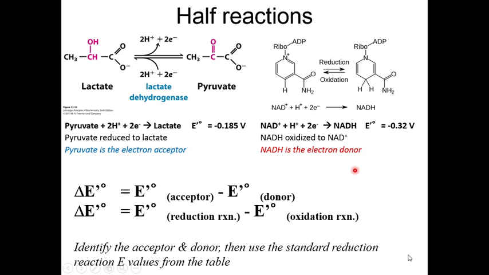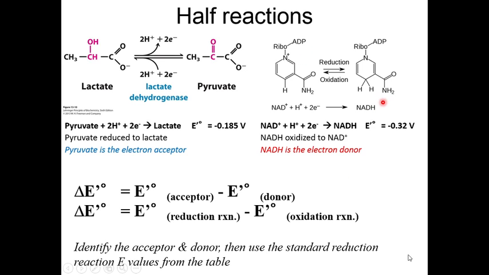So how do you set this equation up? To calculate delta E is E0 acceptor minus E0 donor, or E0 reduction reaction minus E0 oxidation reaction. To make it less confusing, we'll just stick to E0 acceptor and donor, because what you have to do is identify what is the electron donor and what is the electron acceptor.